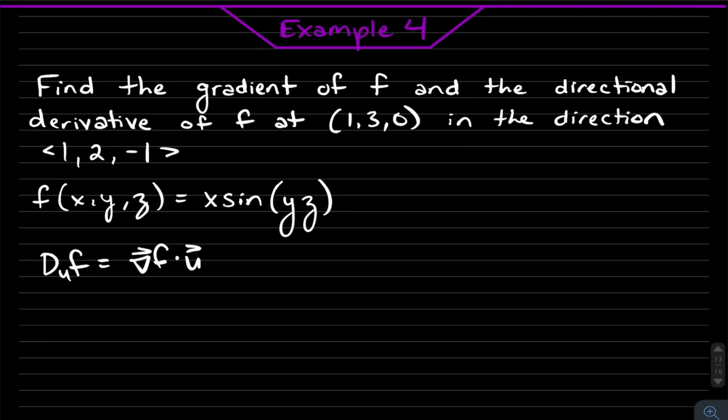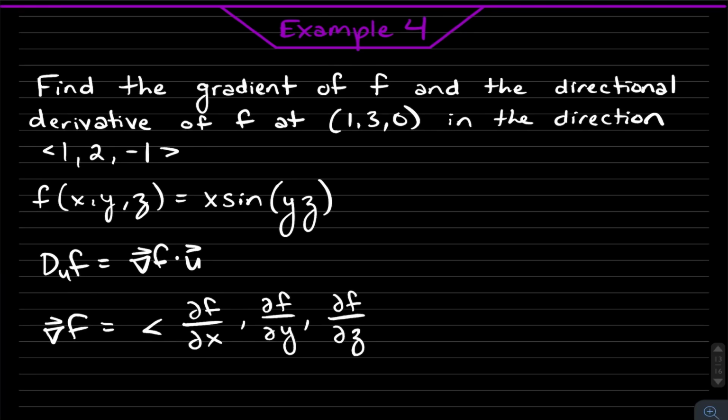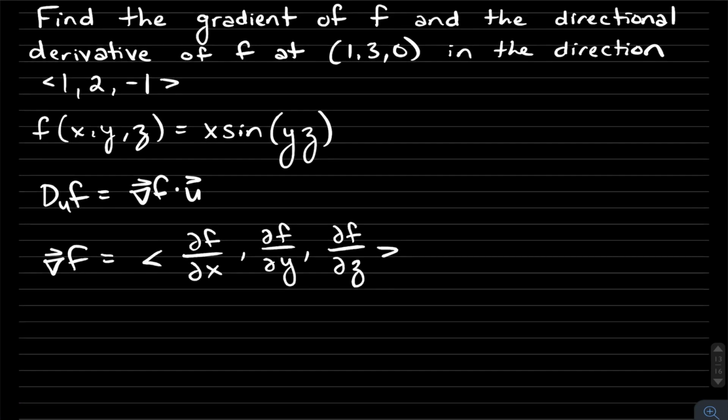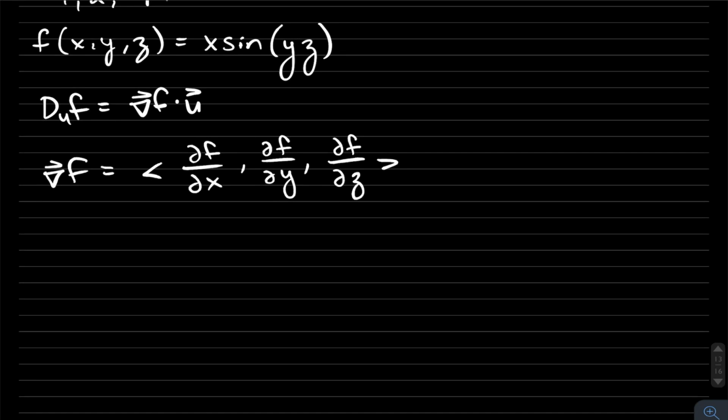Okay, so first we'll find this guy. We need the partial derivative with respect to x, the partial derivative with respect to y, and since we have 3 inputs here, we're going to need a third partial derivative. Okay, and so, let's see what our partial derivatives are going to be.